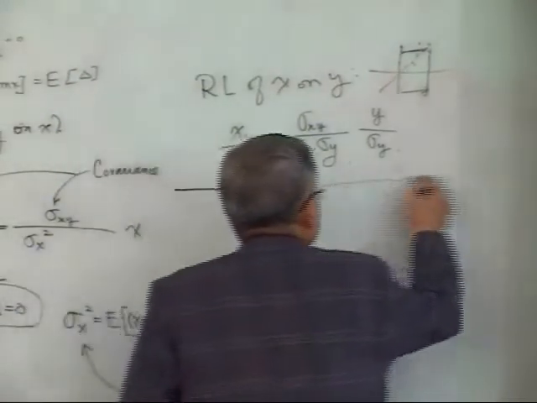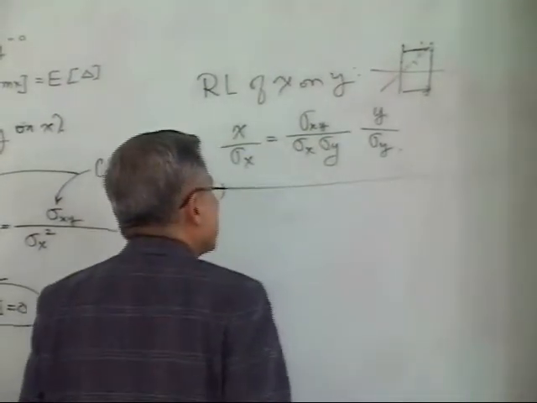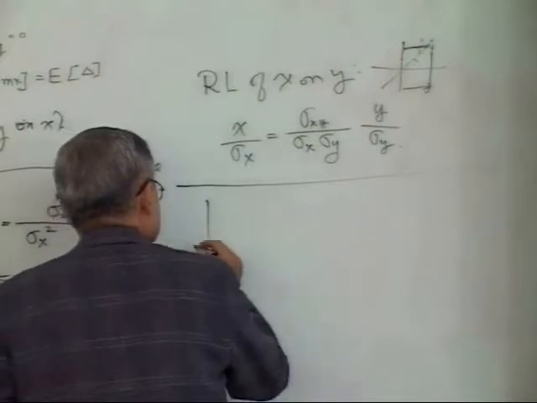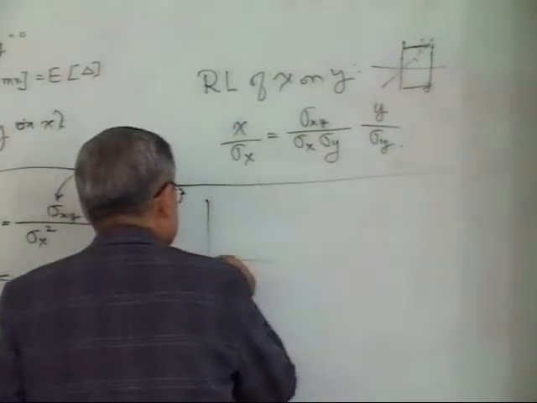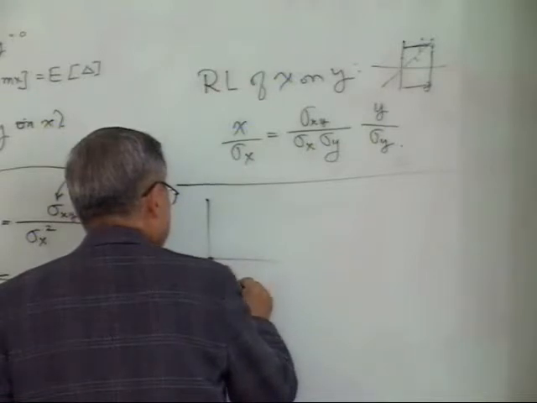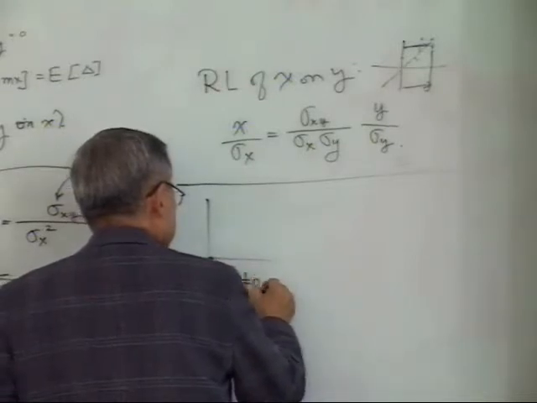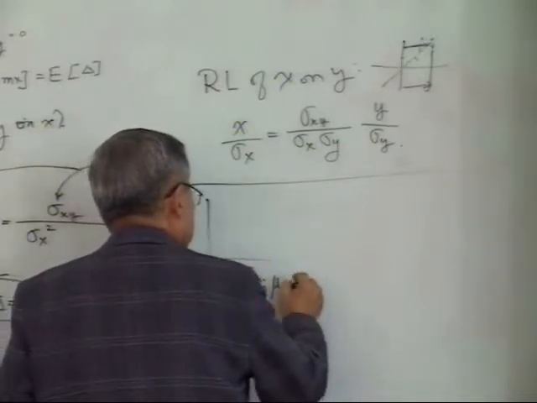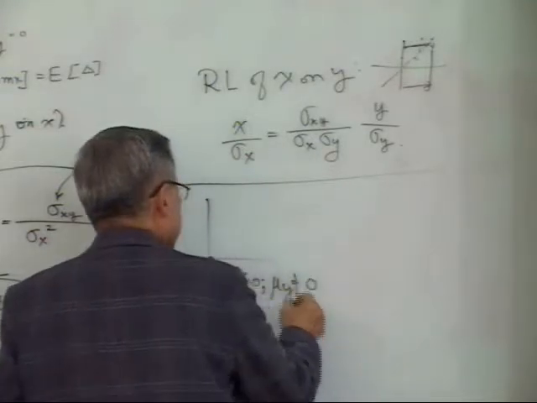Now, to generalize it, this is the real origin where mu x is not 0 and mu y is not 0.